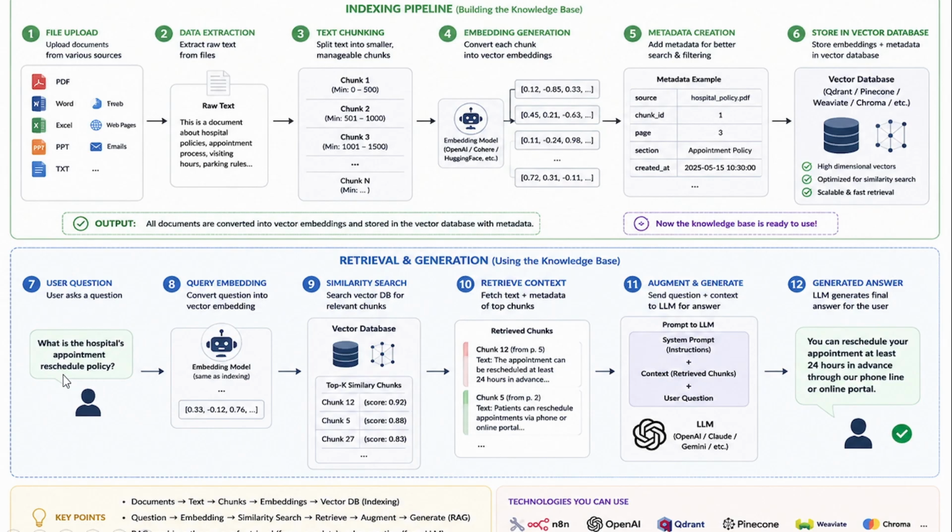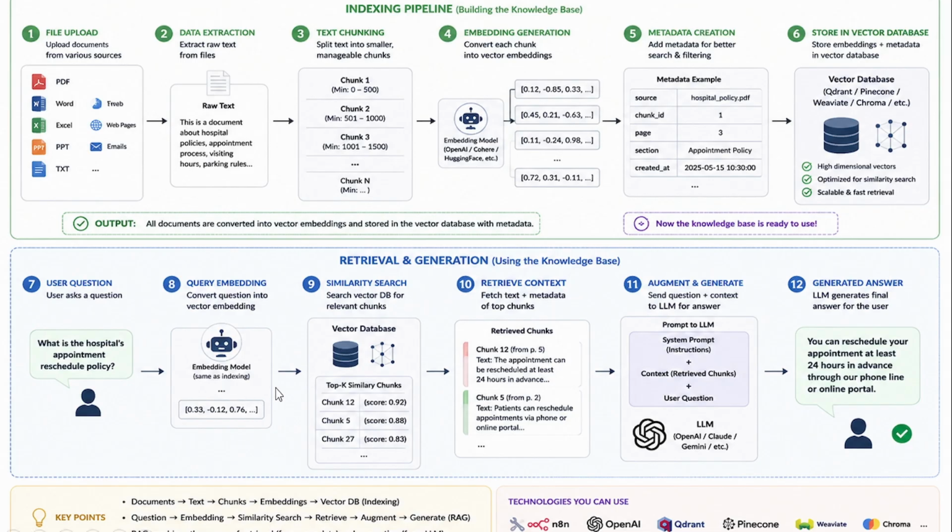Now let's talk about the second section, which starts with the user question. You can see here, the user asks a question like, what is the hospital appointment reschedule policy? When the user sends a query, again the embedding model converts that query into a vector embedding, because the computer understands data in vector form. So here we can see the query is also being converted into vector form by the embedding model.